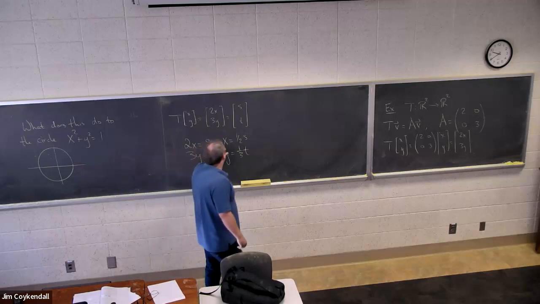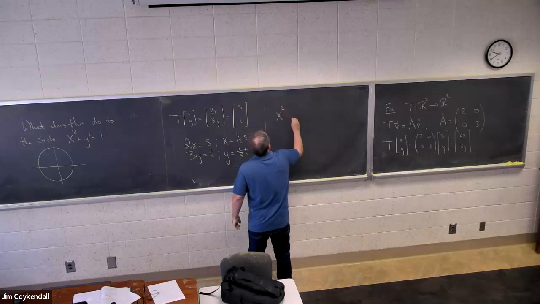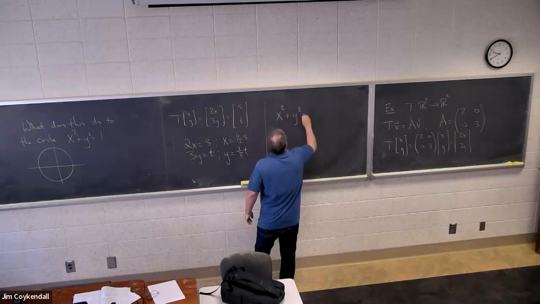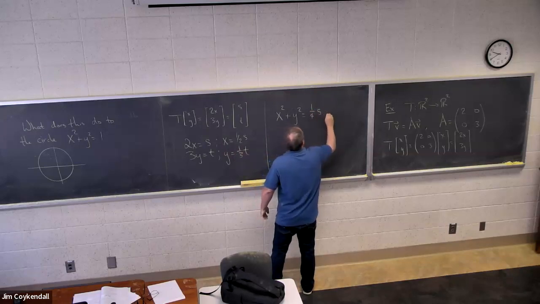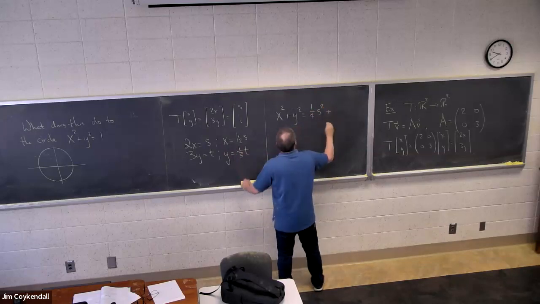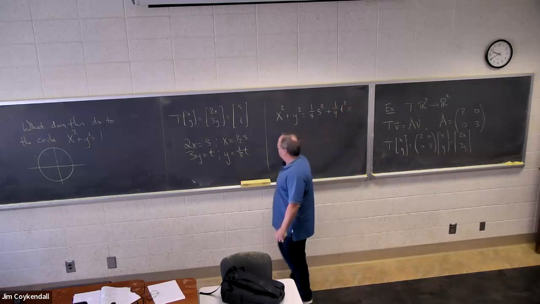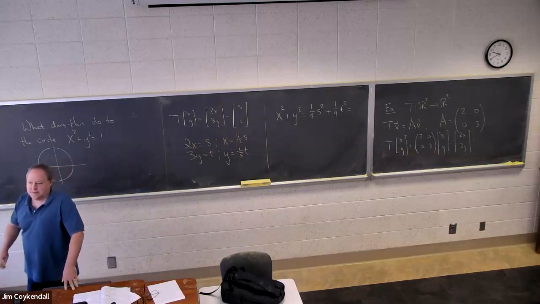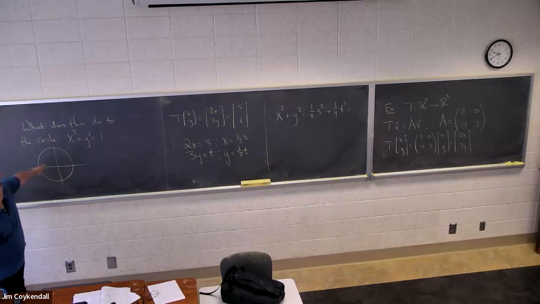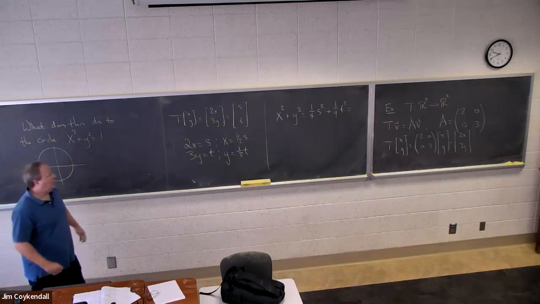And so let me point out that X squared plus Y squared is 1/4 S squared plus 1/9 T squared. But X squared plus Y squared is also what? It's also 1, right? Because X and Y sit on that circle.